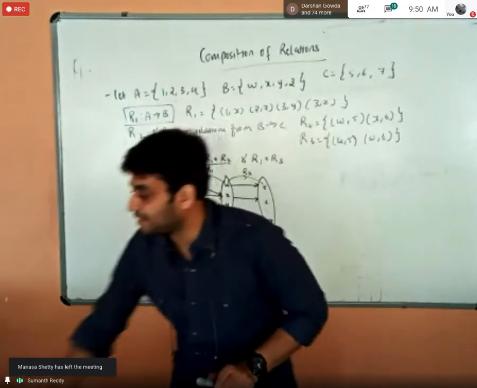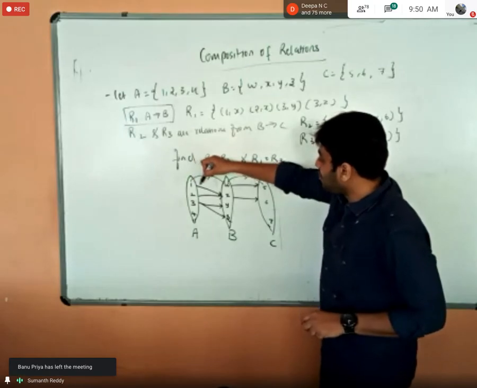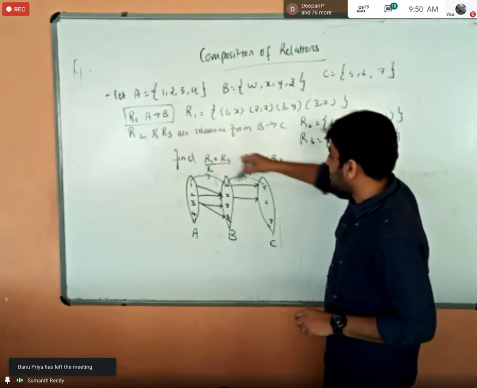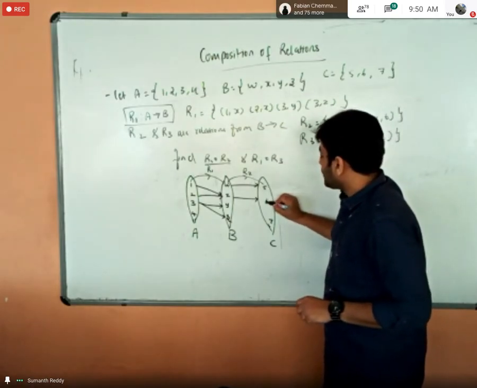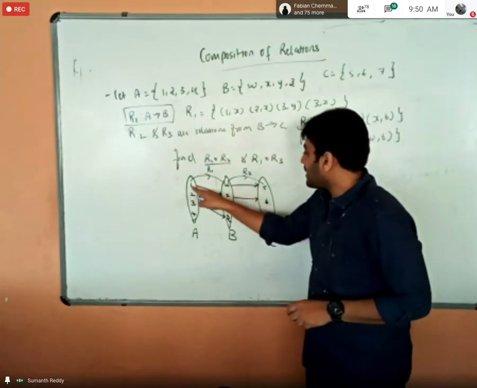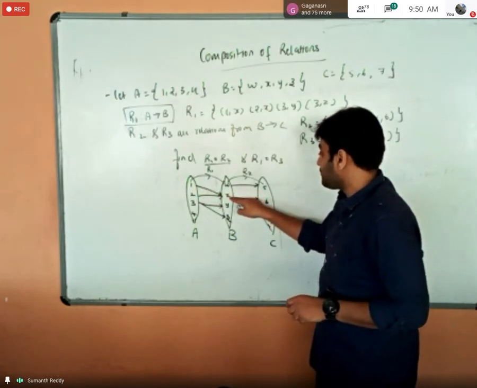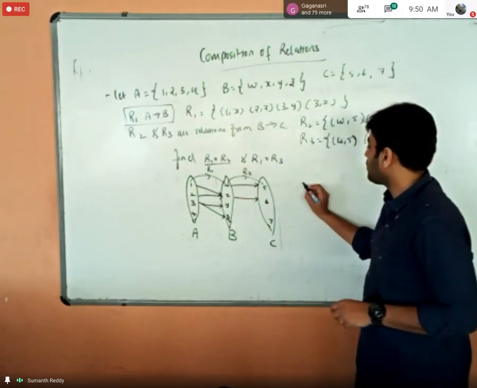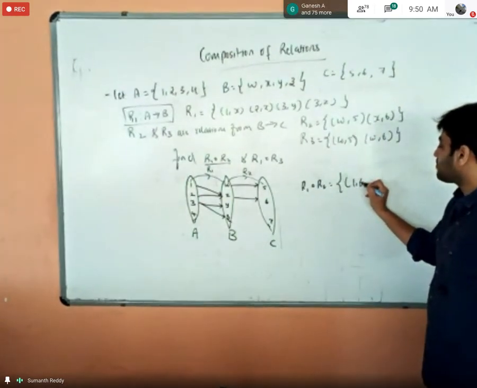The definition says that if I have 1 comma X and X comma 6, its composition will contain 1 comma 6. In other words, 1 leads to X and X further leads to 6. So this R1 composition of R2 will contain 1 comma 6.